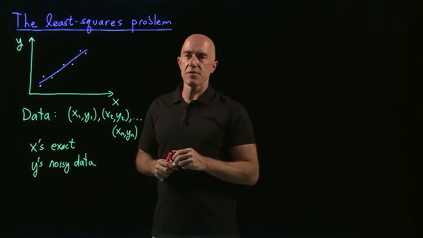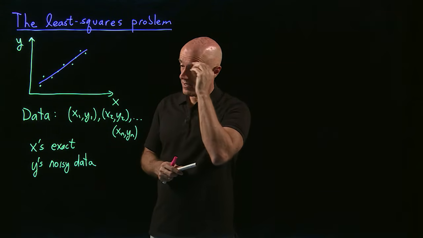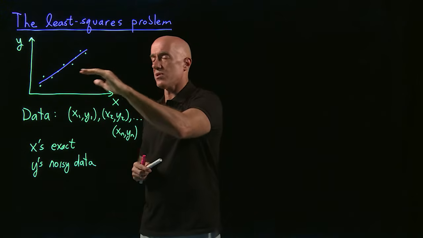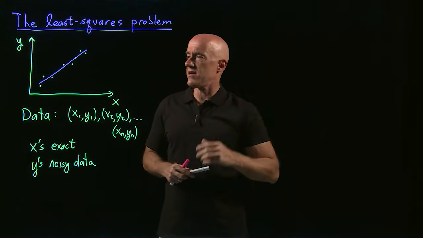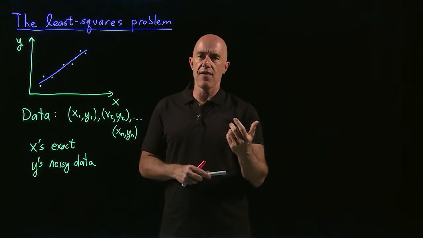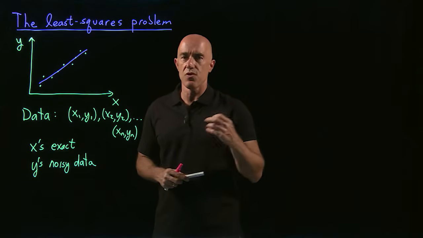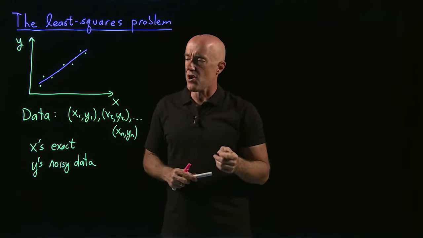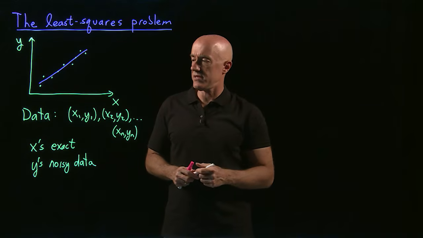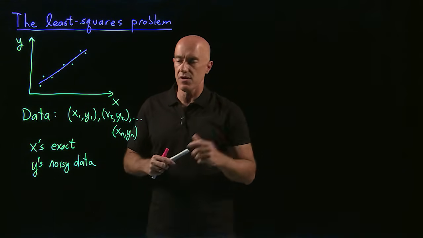So how do we formulate this least squares problem in a matrix sense? Even though we know the line cannot go through the data points, right? A line can only go through 2 points. If you have many points in a data set, there's no way you can have the line go through all the points. Even so, we can write down the equations. So if the line went through the points, we can write down the equations.